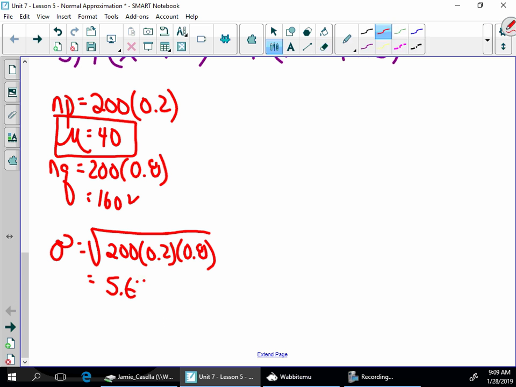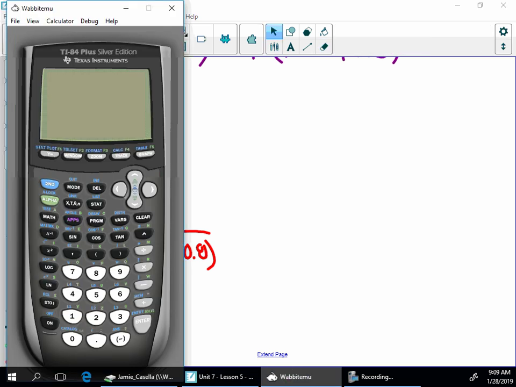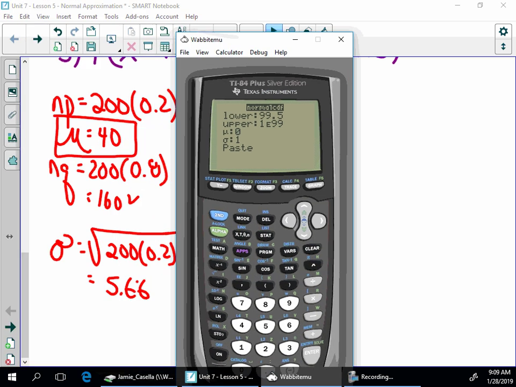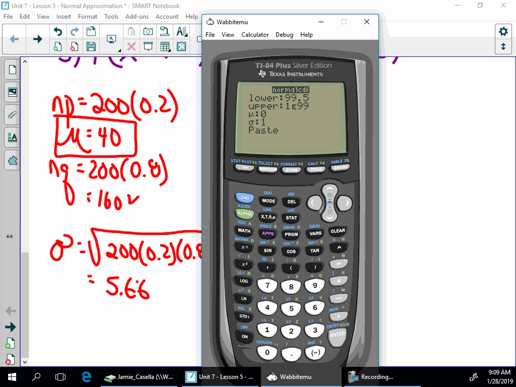Okay, so graphing calculator time. We want to do our normal distribution, so second vars, number 2. We want to start at 99.5. We want to go all the way up to 1E99. Our mean we just figured out was 40.